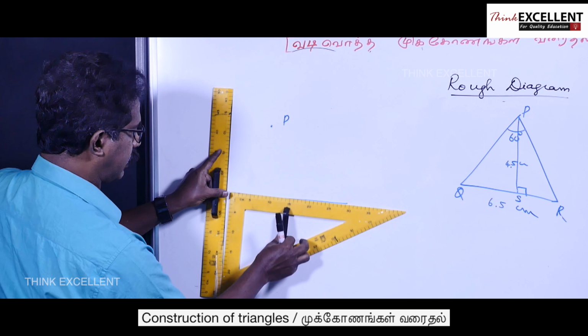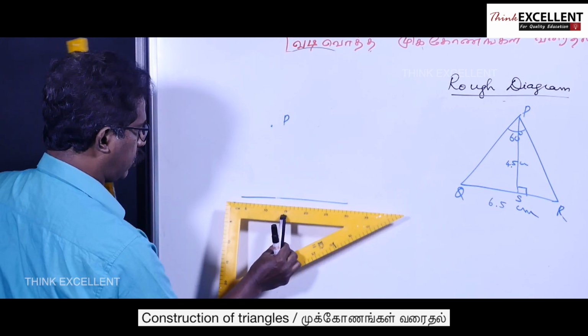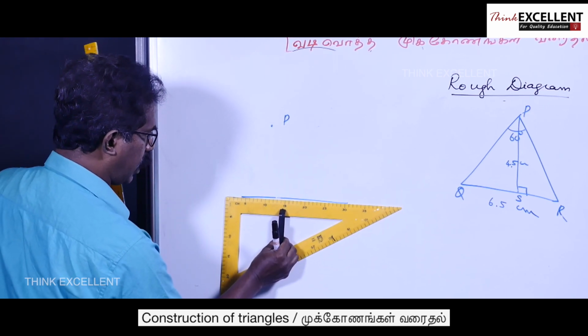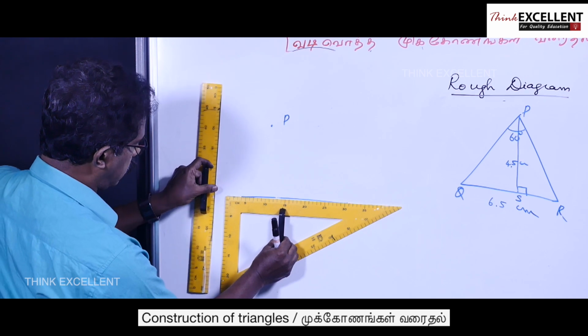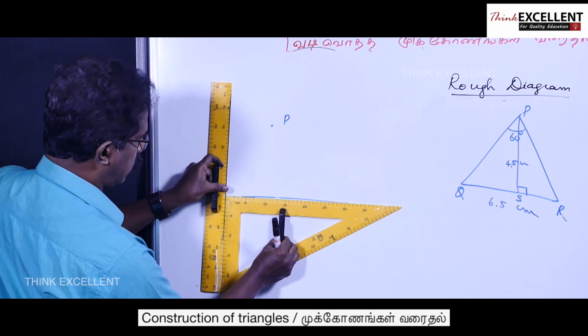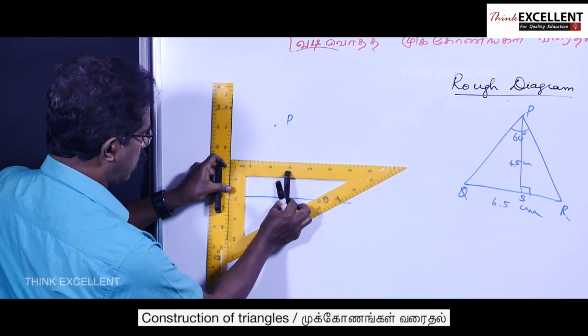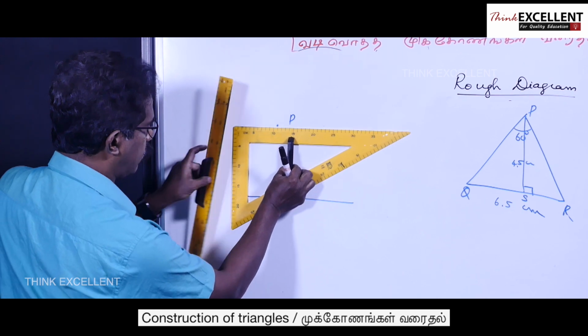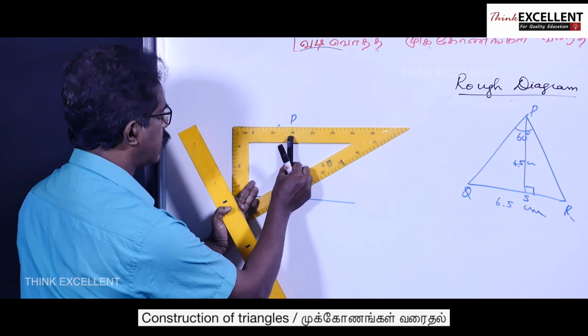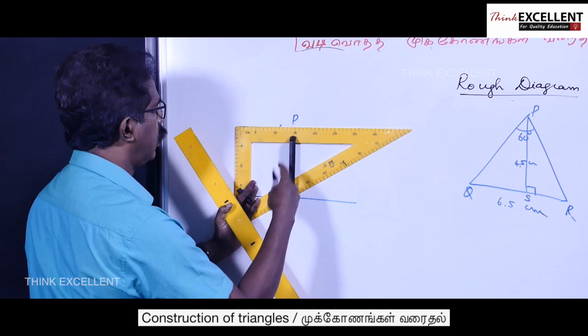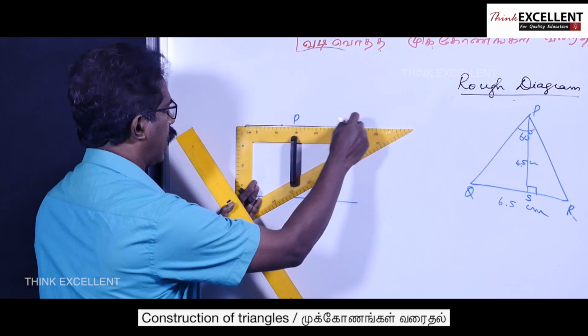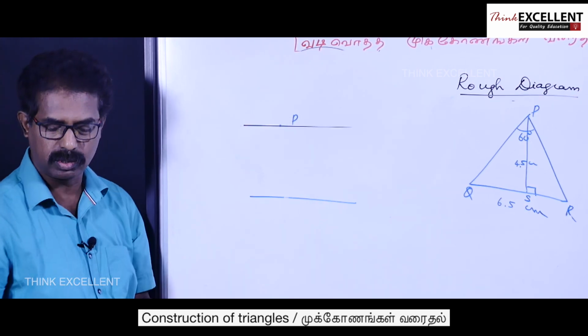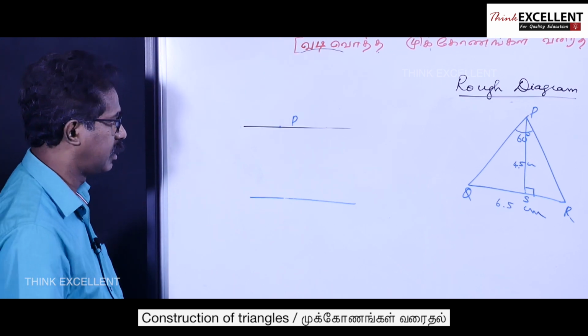All these are parallel lines, right? Now freely you can move this till you reach P. Okay. At this place, you can draw a line, and this line is parallel to this. Okay. So this is how. I'll explain one more time. Listen.